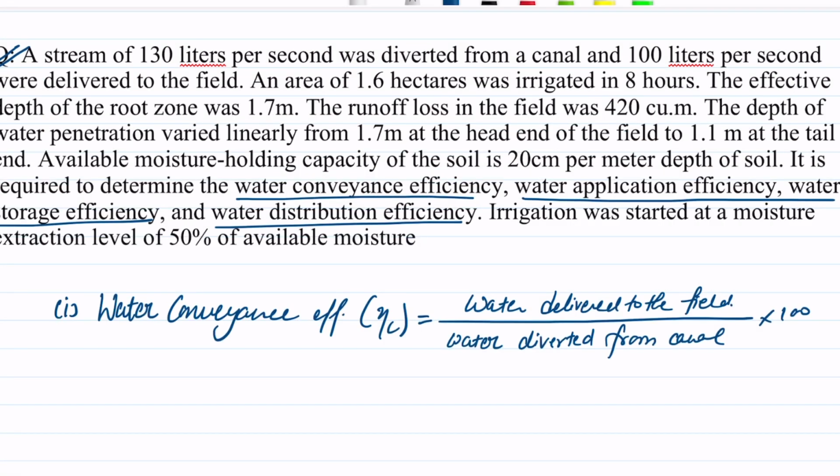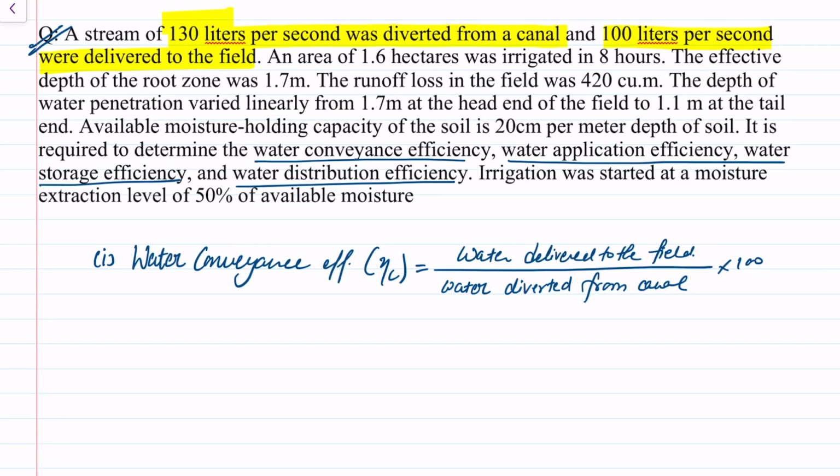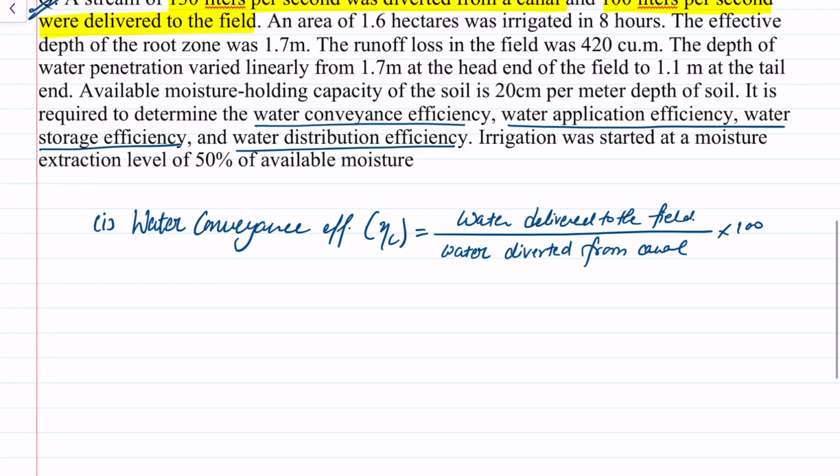Here in the question we can see that we have a stream of 130 liter per second of water diverted from the canal, and out of this 130 liter, only 100 liters per second of the water was delivered to the field. Values are given in a very straightforward format.